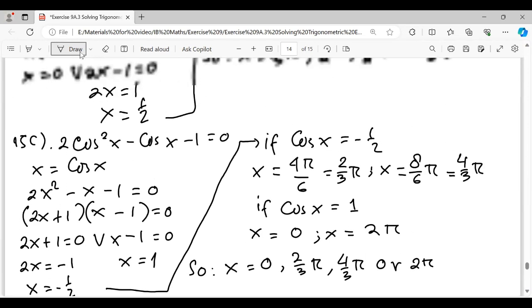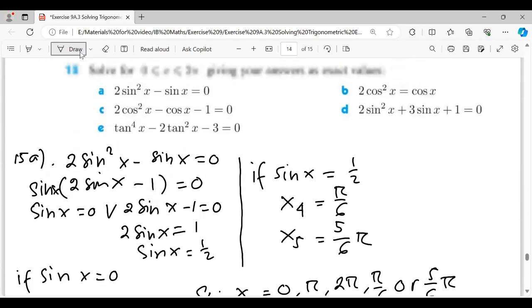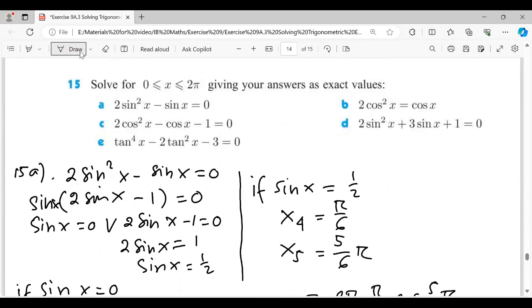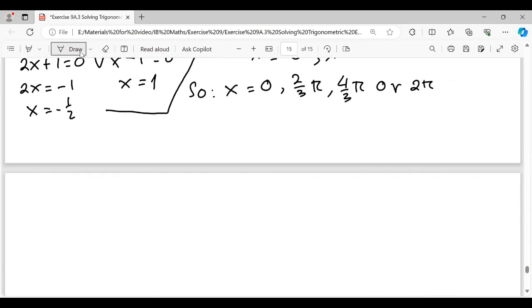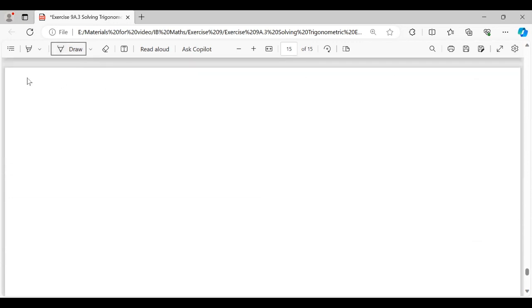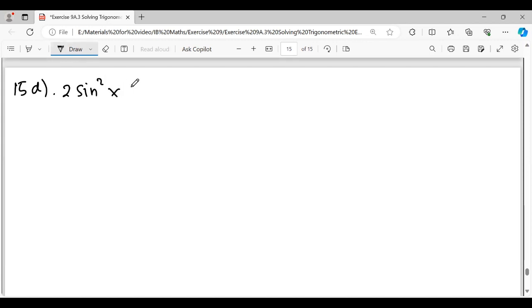15D. The question is 2 sine squared x plus 3 sine x plus 1 equals 0.